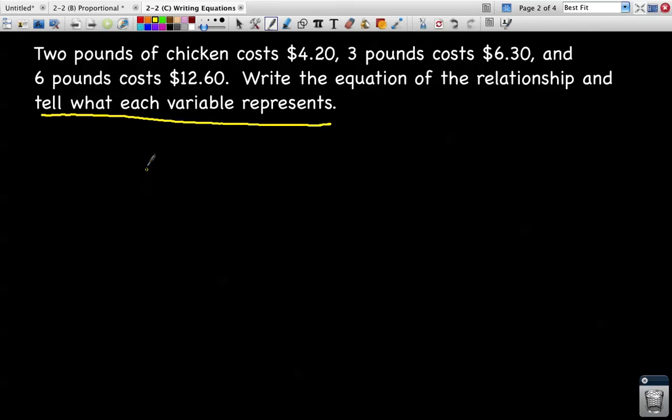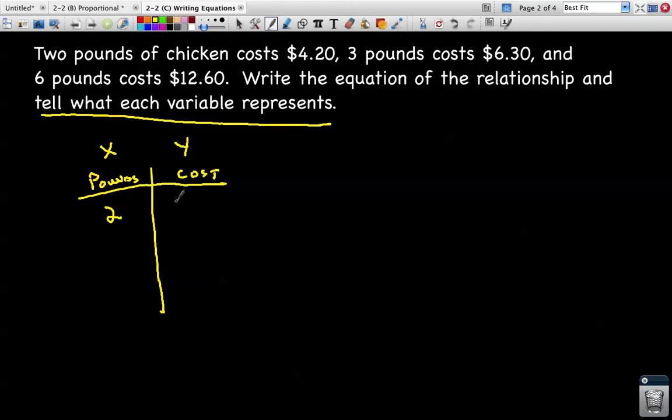If I take a look at this, I've got my x, I've got my y. I know that x is going to represent pounds, and y is going to represent cost. I'm going to start with my given information.